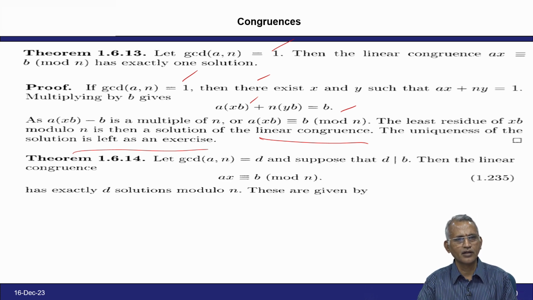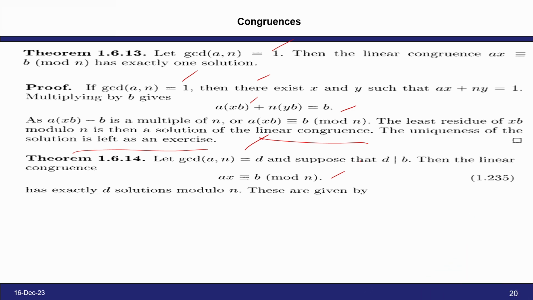Similarly, we have a theorem: let the GCD of a comma n equal d, and suppose d divides b. Then the linear congruence ax congruent to b under modulo n has exactly d solutions under modulo n.